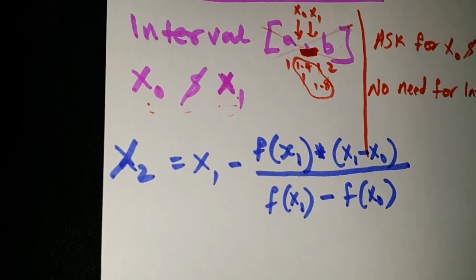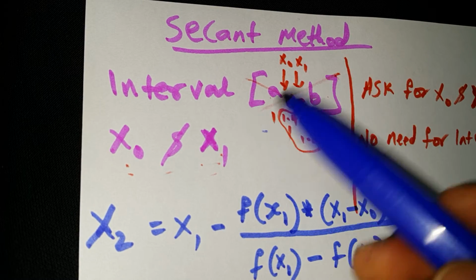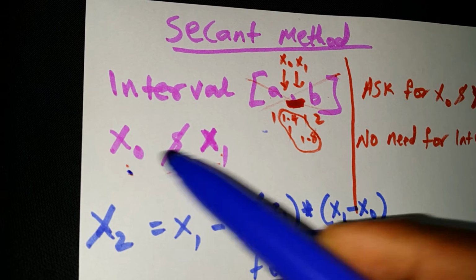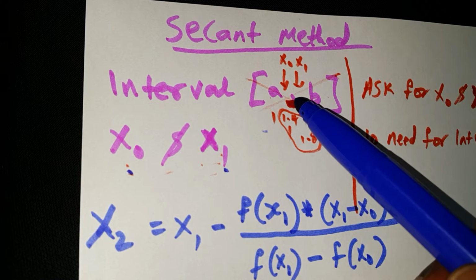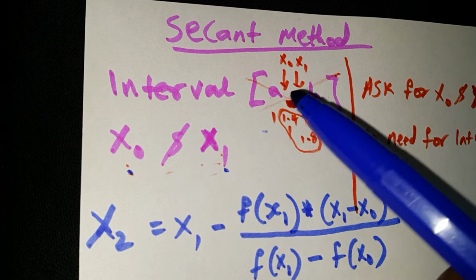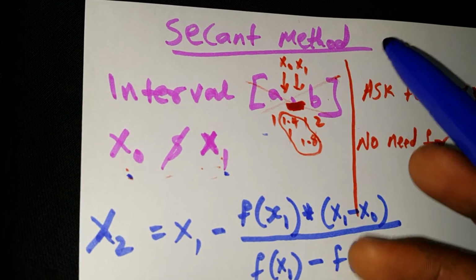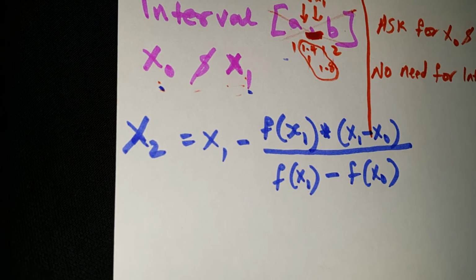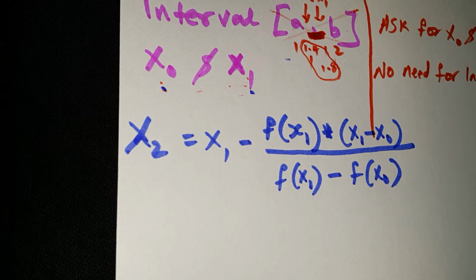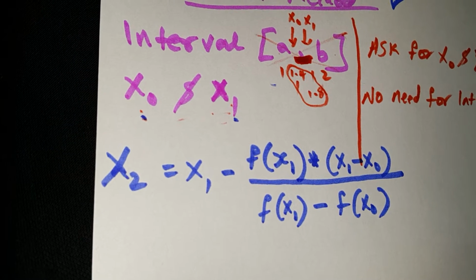This is our formula for x2. If you know how to take x0 and x1 from the intervals, or if they are given to you, and you know this formula, then the secant method will be very easy for you. So this is the basic introduction part of it.